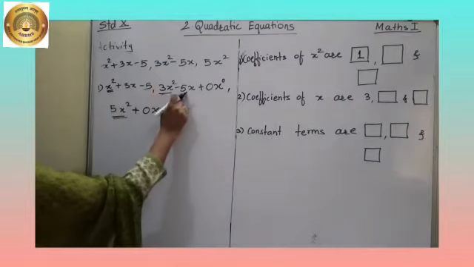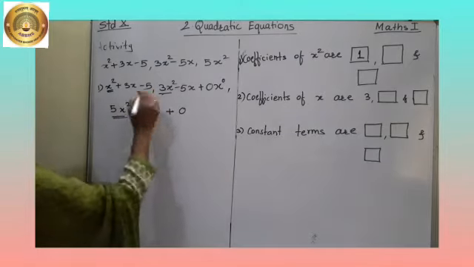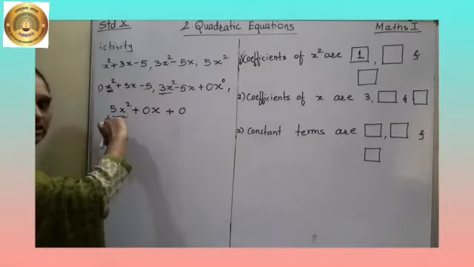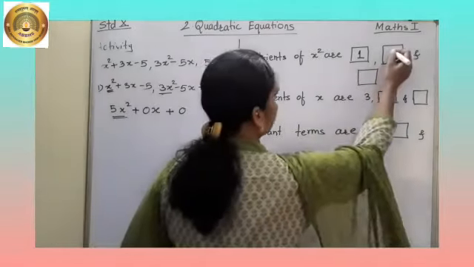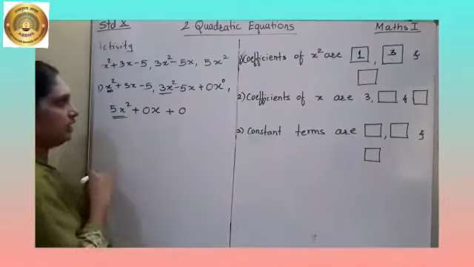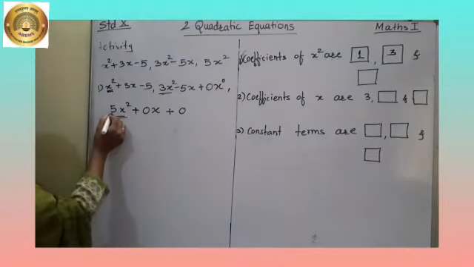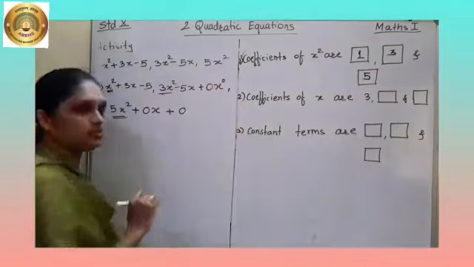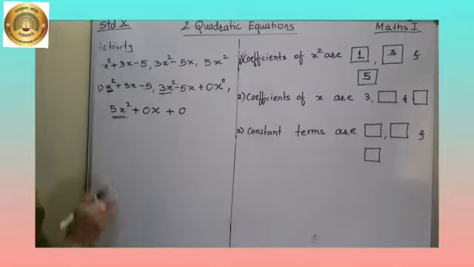So here coefficients of x square, first is 1. Second, in the second polynomial, along with this x square, what is the number? 3. So that will be the coefficient. And for the next, the number along with x square is what? 5. So coefficients of x square are 1, 3 and 5. Easily can be written.